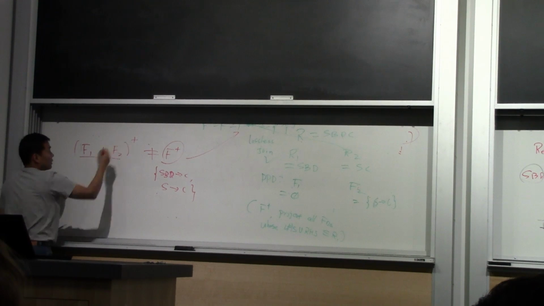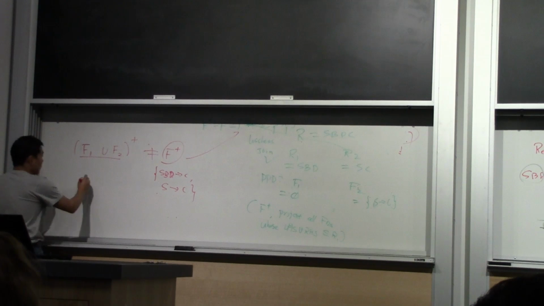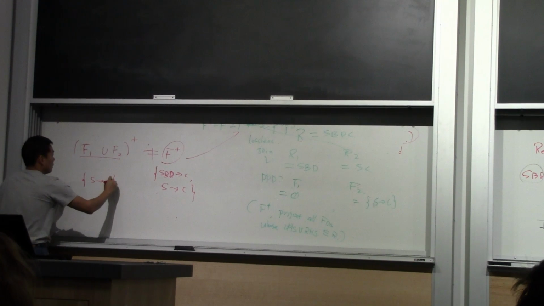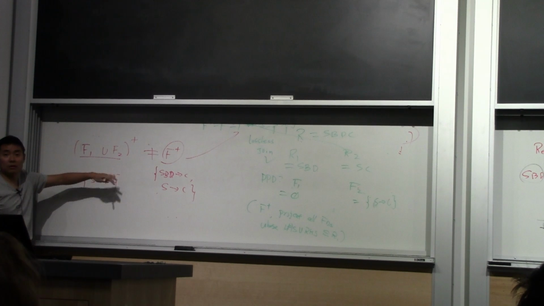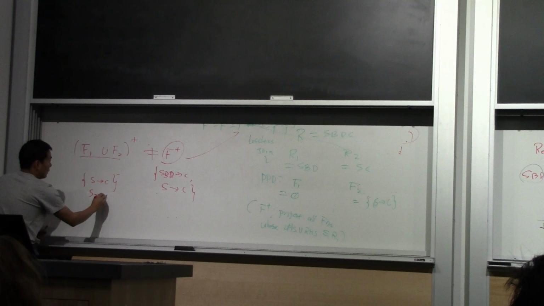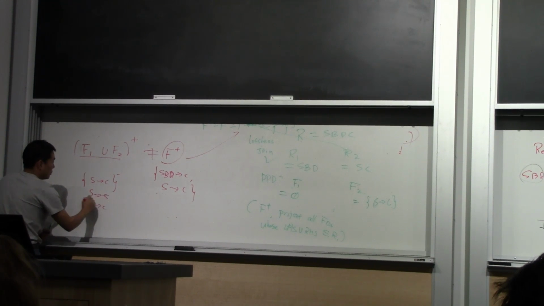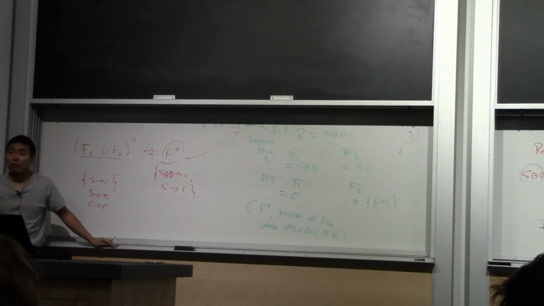And what's the union's closure? Well, one is an empty set, the other is S determines C, so the only thing you have is that, and the closure of this obviously is just going to be the same as itself. Of course, we always ignore trivial functional dependencies, because they are going to be true for both sets anyway.